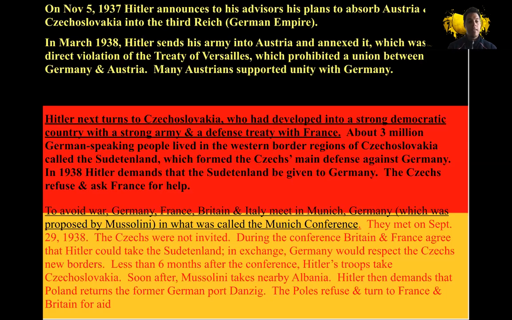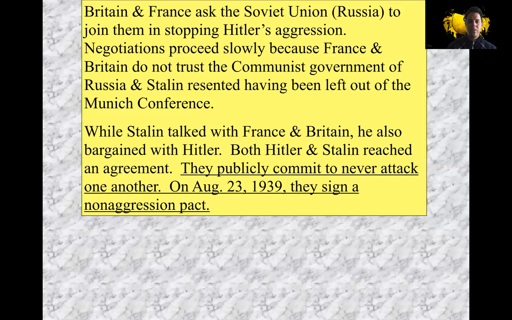Hitler then demands that Poland return German territory as well. The Poles refuse, and again, they turn to Britain and France for aid. Britain and France asked the Soviet Union to join them to stop the aggression, but negotiations slow because France and Britain do not trust the communists, and Russia and Stalin resent having been left out of the Munich conference.